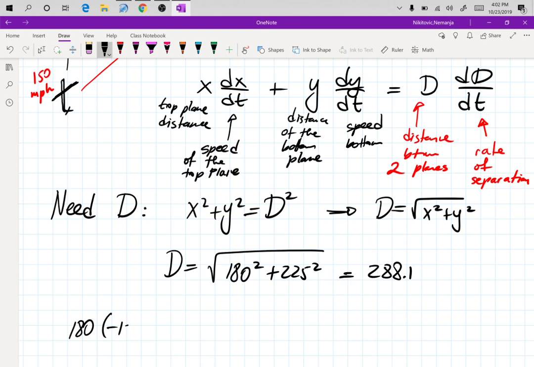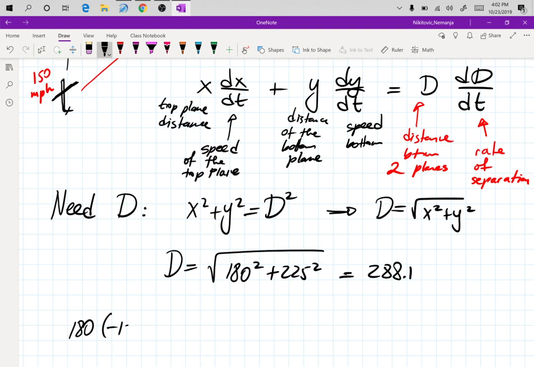So we have 180 times negative 120 plus 225 times negative 150, all of that divided by 288.1, to give us negative 192.